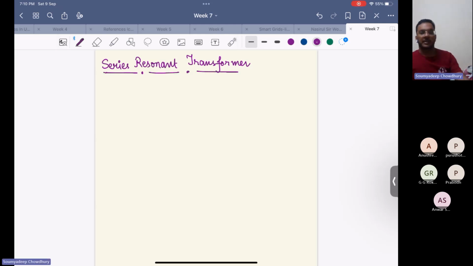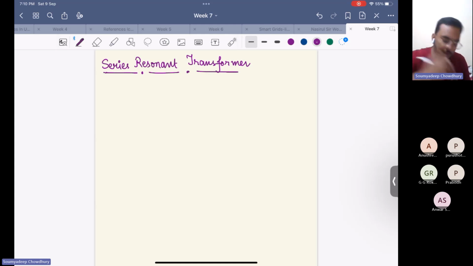So the series resonant transformer is basically another circuit which is used for generation of these AC high voltages. Okay, fine. I'll first write what are the circuit components.